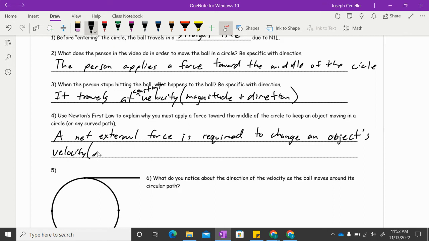In this case, direction. We're not changing the magnitude so much as we're changing the direction. So a net external force is required to change an object's direction.